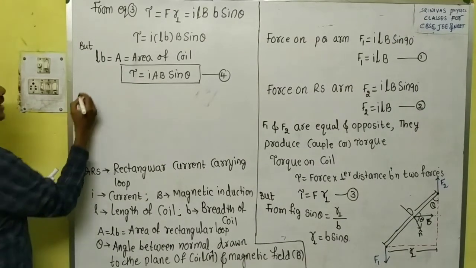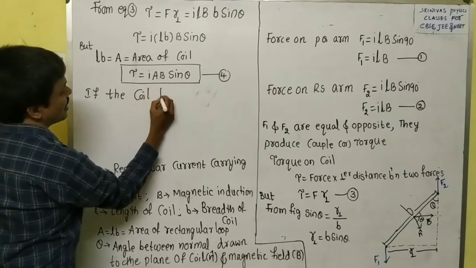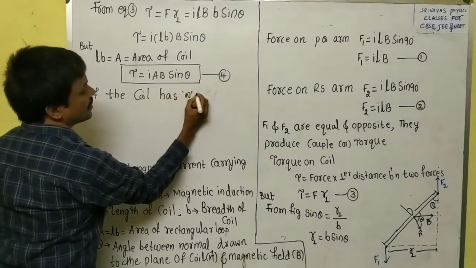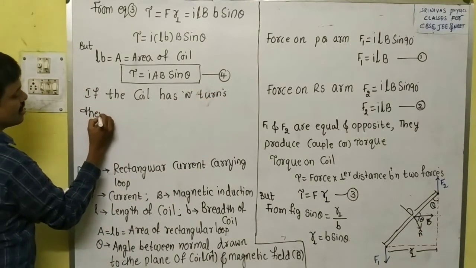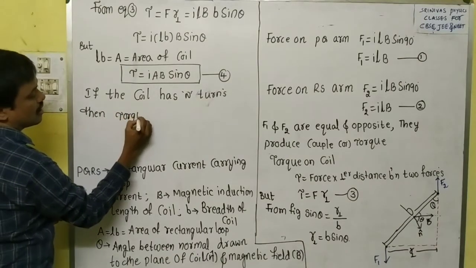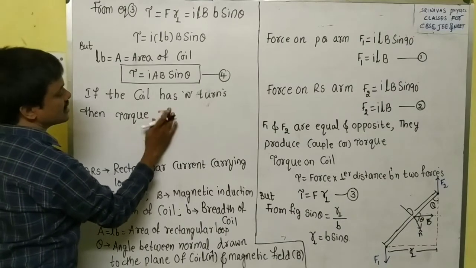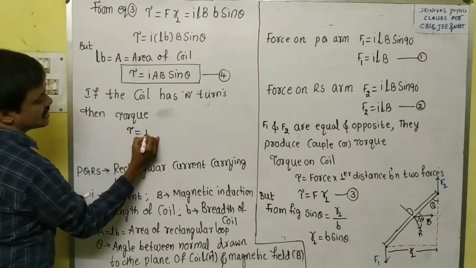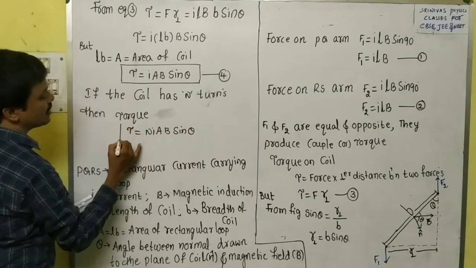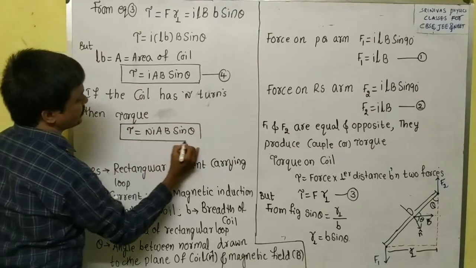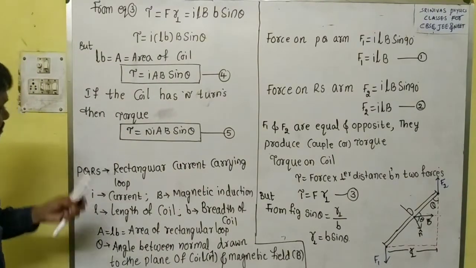If the coil has capital N turns, then torque tau is equal to NIAB sin theta. Now we can also write this in vector form.